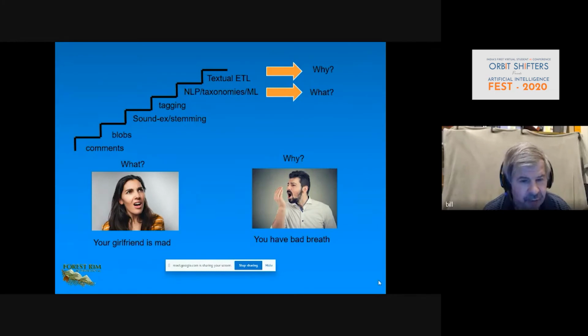So what do we mean? What do you mean by what? What might mean your girlfriend is mad at you, and why, you have bad breath. That's the difference between what and why. Now, when you get into it, there are a lot of other differences between textual ETL and NLP. But the essential main difference is NLP tells you what's going on. Textual ETL tells you both what and why.